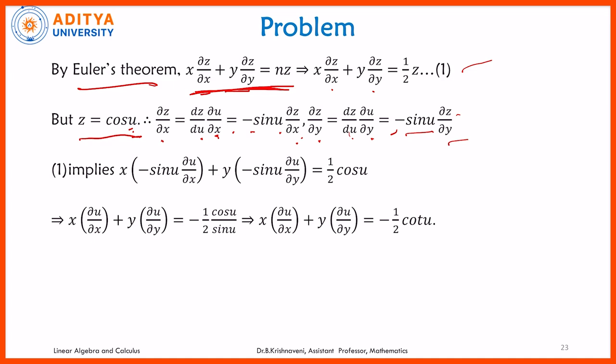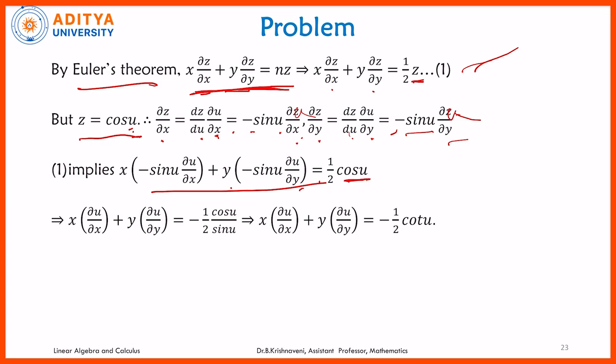Now equation 1 can be written as x ∂z/∂x, that is minus sin u ∂u/∂x, plus y into ∂z/∂y, that is minus sin u into ∂u/∂y, is equal to 1 by 2 into z, where z is cos u.